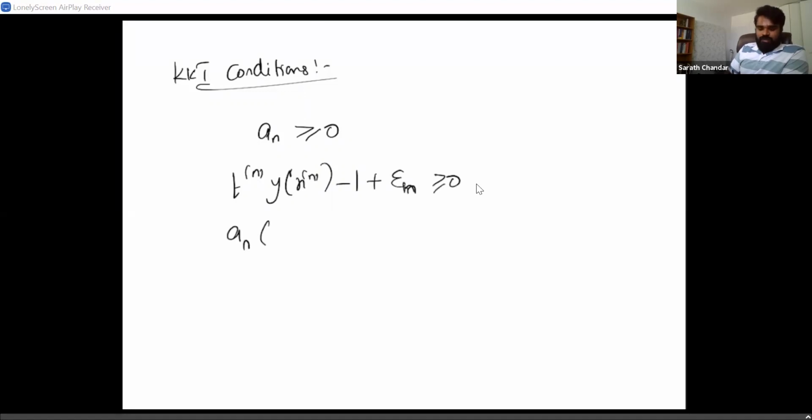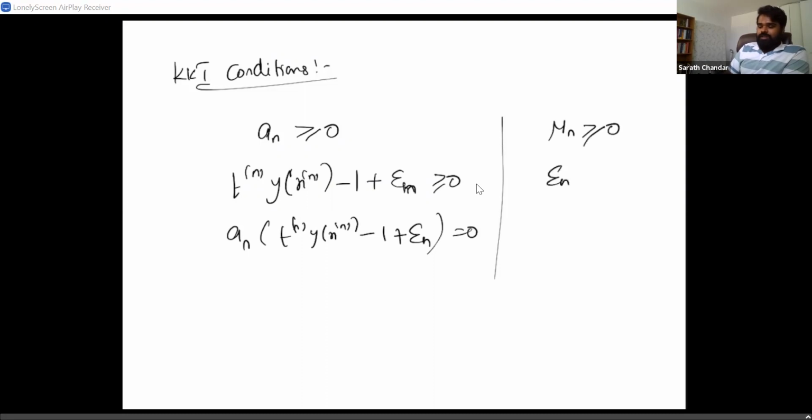So either a_n is equal to 0 or t_n y(x_n) is equal to 1 minus epsilon n. Similarly, for the second set of constraints, we have mu_n greater than or equal to 0, epsilon n greater than or equal to 0, and mu_n epsilon_n equal to 0, where n is 1 to N.